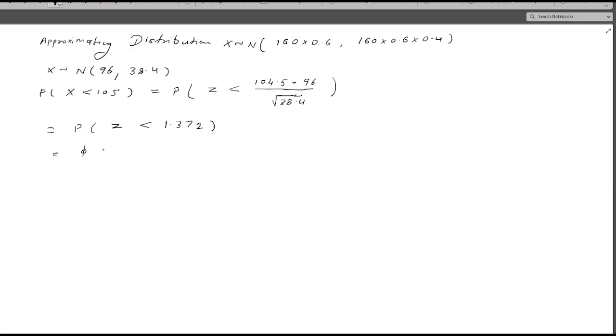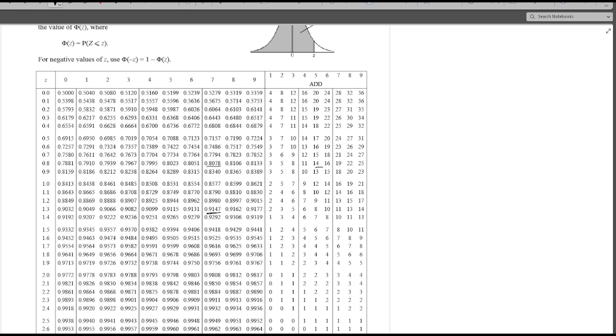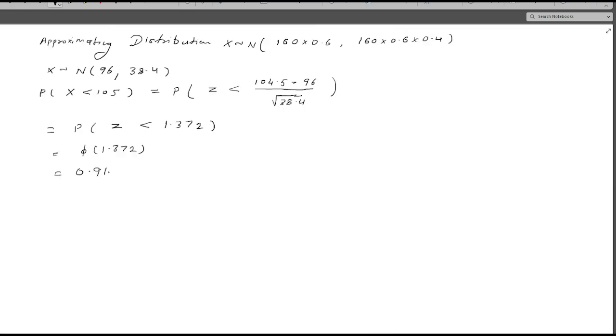This is phi of 1.372 and this is 0.9149. So 0.915 in 3 significant figures.